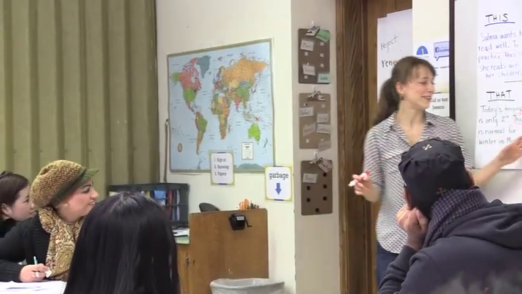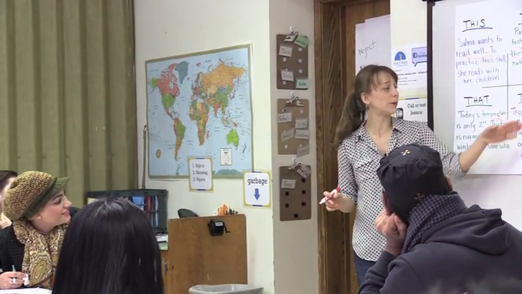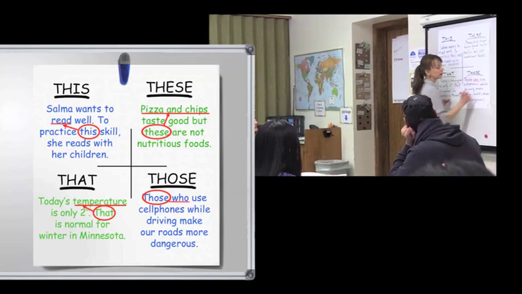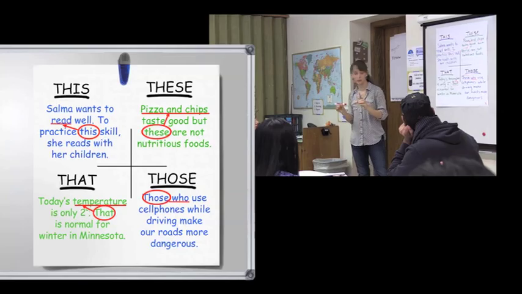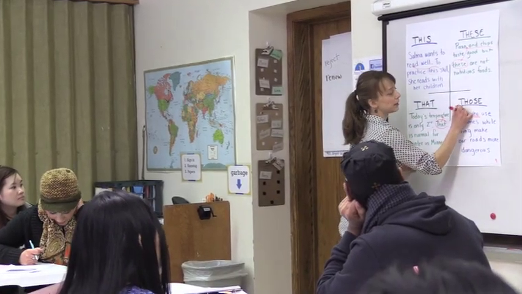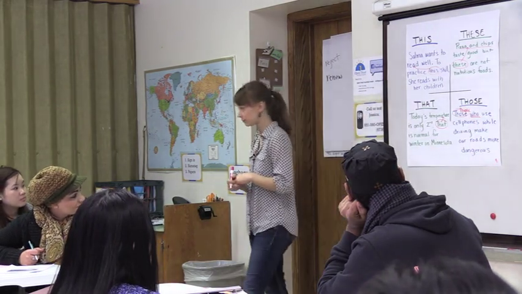Yeah, the subject. Okay, good. So she's right? It doesn't say people in here, but we're talking about people who use cell phones. But the clue is here. Who? Because who is a word that we use to talk about people. Okay? So those who use cell phones means people who use cell phones.